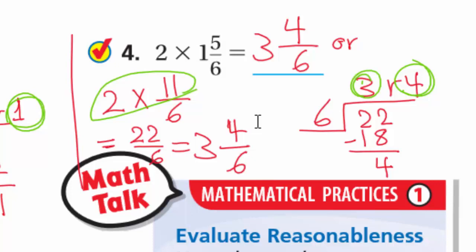So we can divide up and down by 2. If I divide up and down by 2, I keep the 3, and 4 divided by 2 is 2, 6 divided by 2 is 3. So it's 3 and 4 sixths, or 3 and 2 thirds.